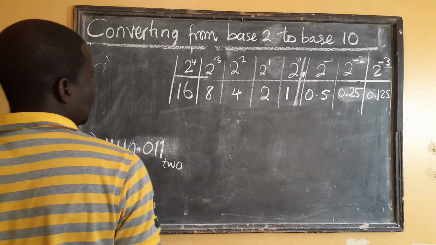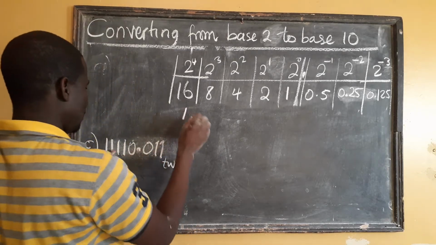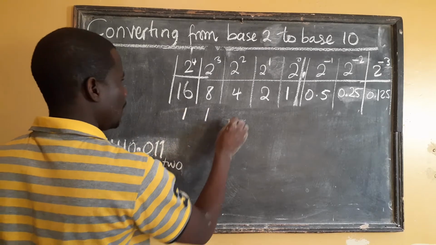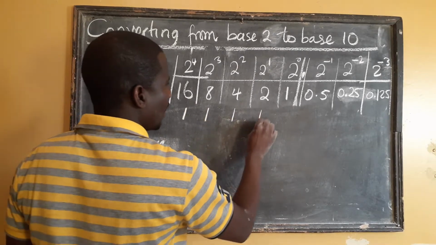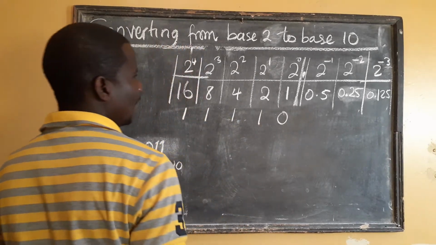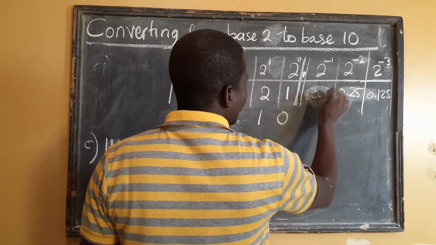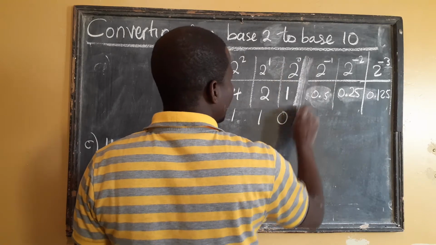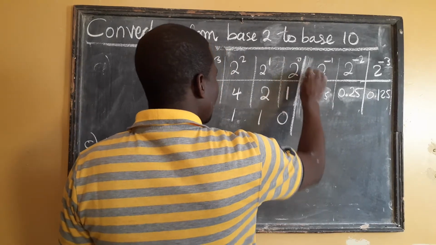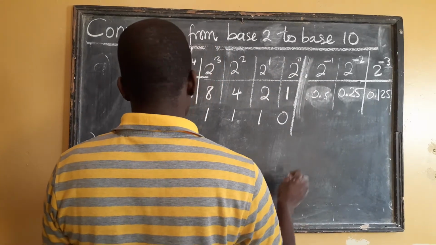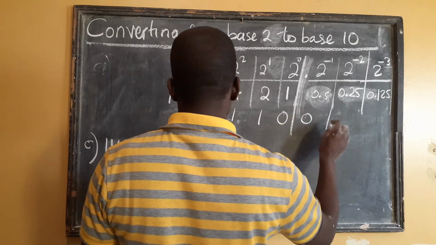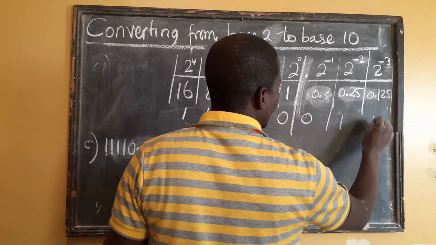So after we have done that, now we get these 1, 1, 1, 1, and 0 here. Okay? 0.5. I have indicated that this is where we have our decimal point, isn't it? So then we have 0, 1, 1.